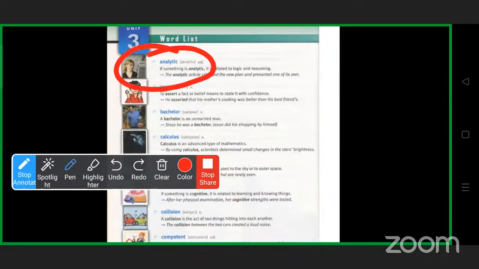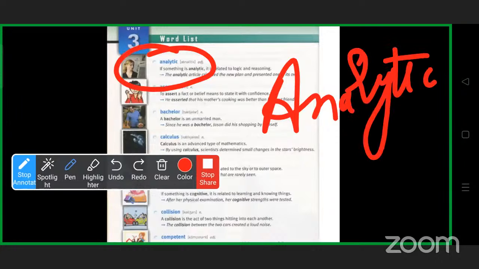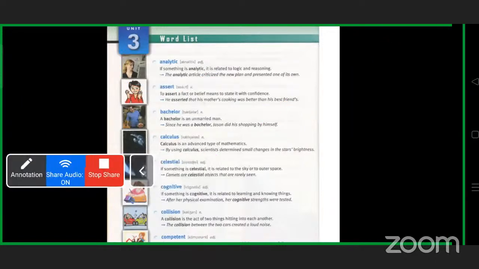The first word that we're going to work on is analytic. So what exactly analytic stands for and how can we use that in a sentence, we're going to see that.